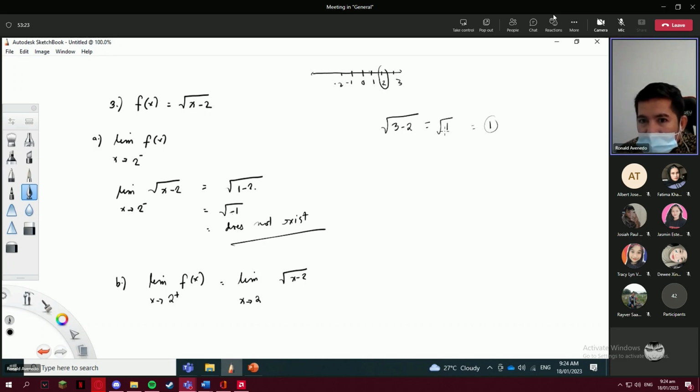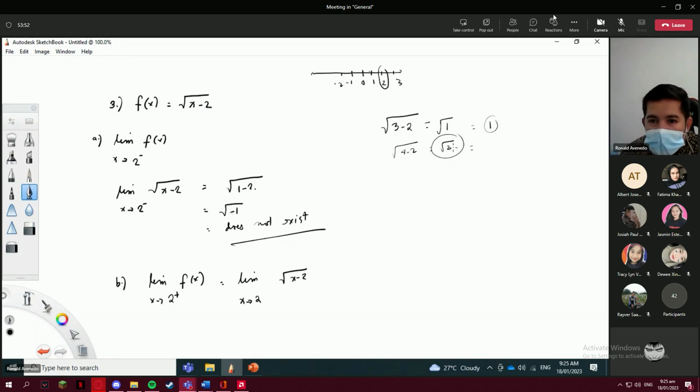Or if you use 4, then 4 minus 2 is the square root of 2. Then this could be your answer. Still, the limit exists because you have the square root of 2. If you use your calculator, it would give you a number. Of course, we cannot answer this manually, only for perfect squares.